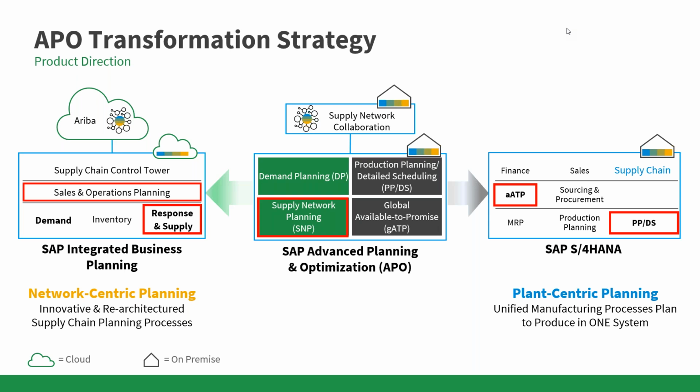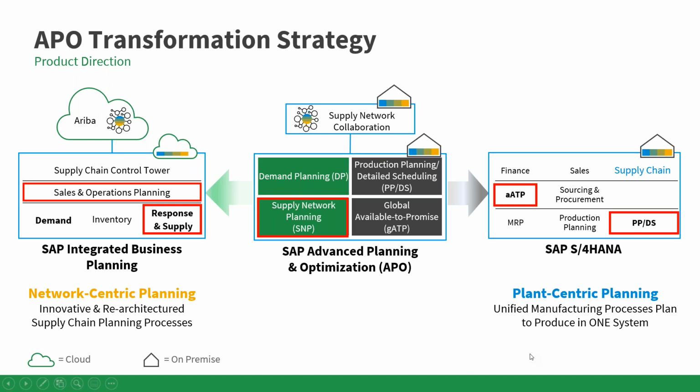But of course we make sure that integration is seamless, and there's a notion in our roadmap called synchronized planning, which covers superior integration concepts that tightly integrate, for instance, a network plan with the site-centric plan in S/4HANA. So that's, at a high level, our strategy, which has been laid out a couple of years ago already, but we are heavily on the execution of the whole strategy, which of course continues. And today it's about giving you an update on the products on the right-hand side.